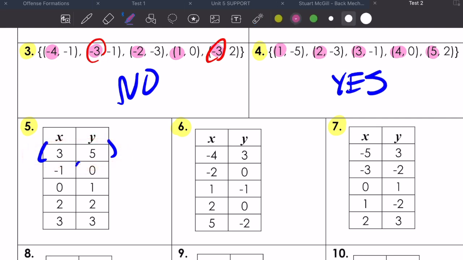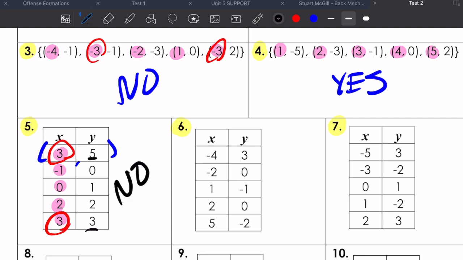So again, to see whether or not it is a function, all I have to do is check the x values and see if I have any repeating x values. If I do, then that means I have an x value 3 that outputs both 5 and 3, which means no, this cannot be a function. And continuing that idea, all of these are my x values. I don't have any that repeat there, which means that yes, this has to be a function.